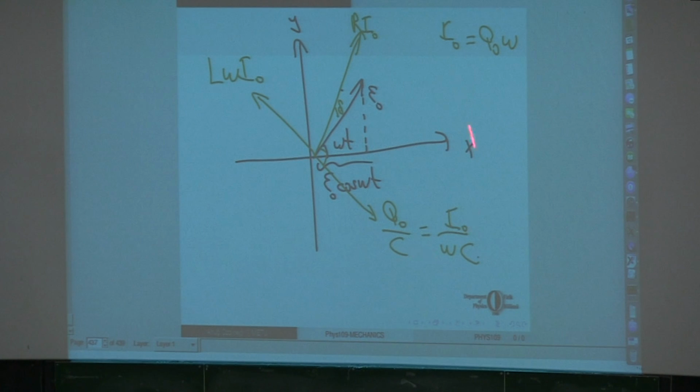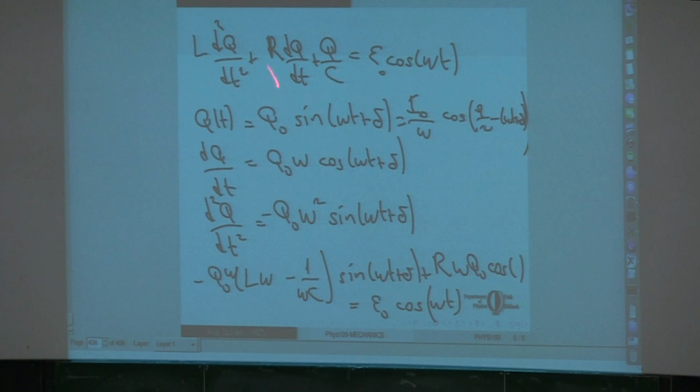Now I have 4 vectors here, and those 4 vectors are chosen such that the x components of all of these vectors correspond to the terms over here.